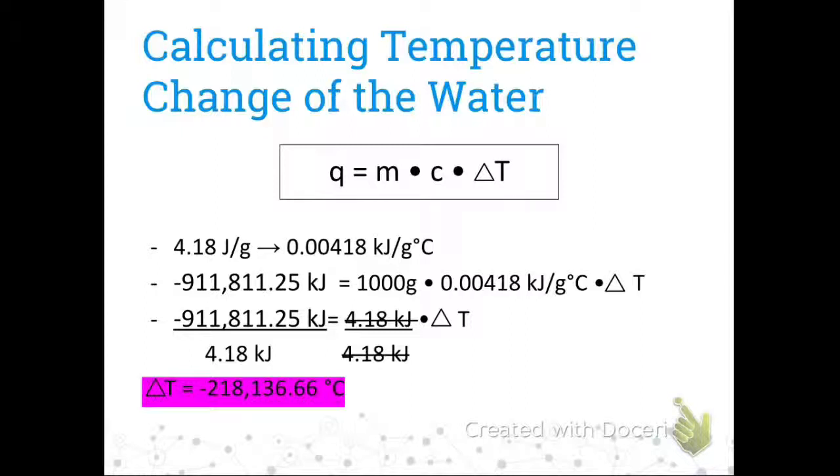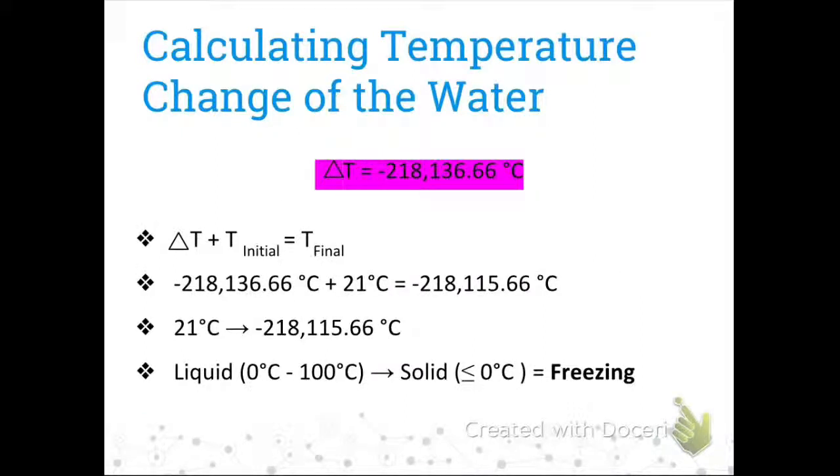We end up with negative 911,811.25 kilojoules divided by 4.18 kilojoules, and we get negative 218,136.66 as our change in temperature. After calculating the change in temperature, I believe the water would go through the phase change of freezing because it started off as a liquid and ended up as a solid.